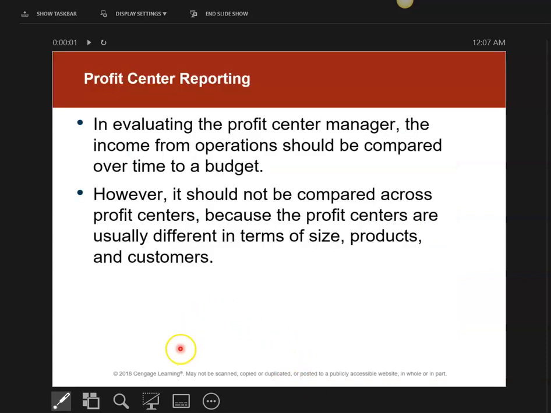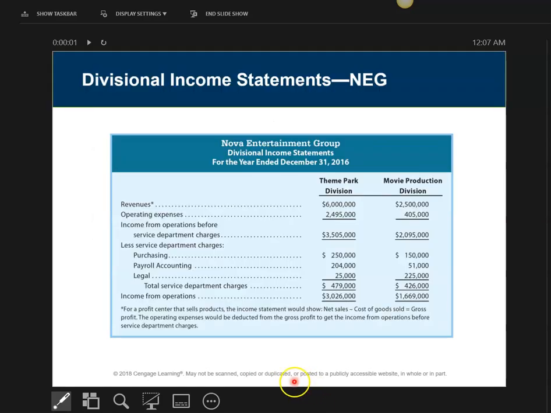Again, I'm still looking at profit, which is revenue and expenses. I should always be comparing to the budget, but I should not compare to other profit centers, because other profit centers are often a little different. Here is a divisional income statement, one for the theme park and one for movie production.